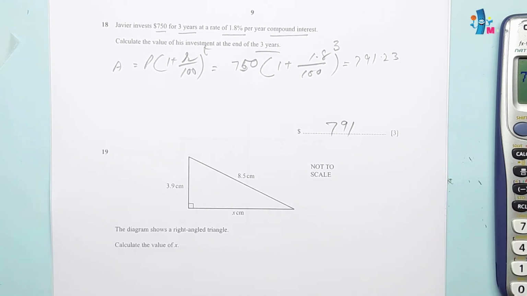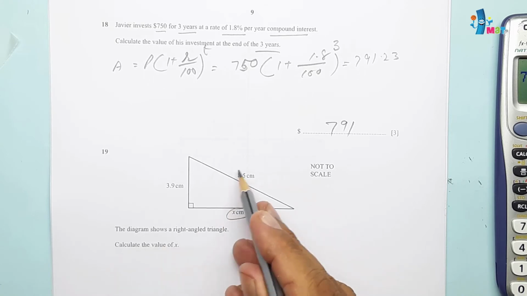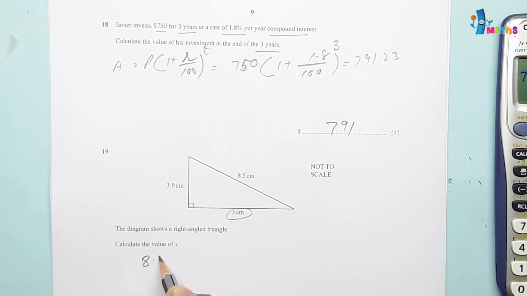Question number 19. This is the right angle triangle is given. You have to find this x. We can apply Pythagoras theorem. So hypotenuse, 8.5 squared will be equal to 3.9 squared plus x squared.